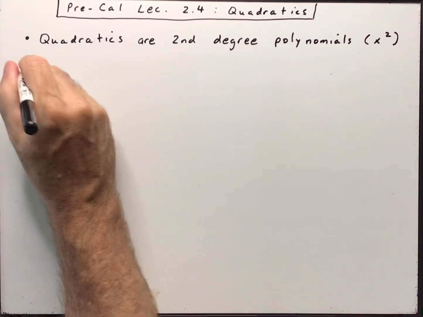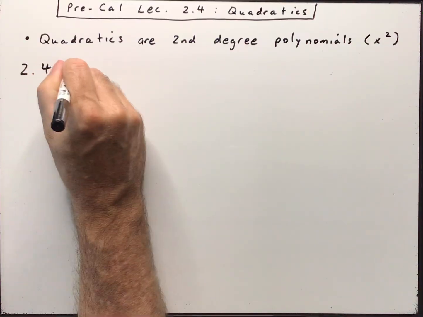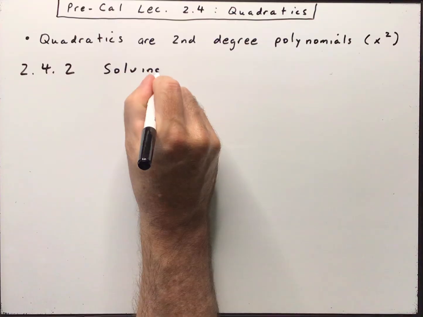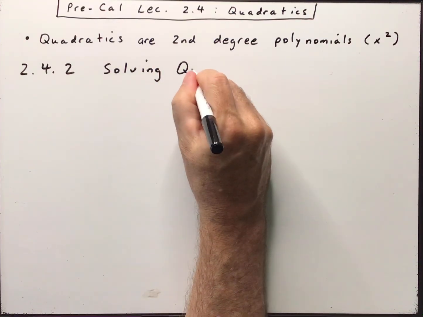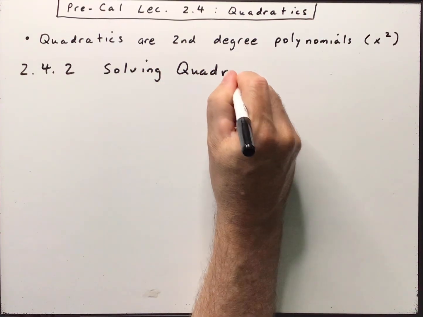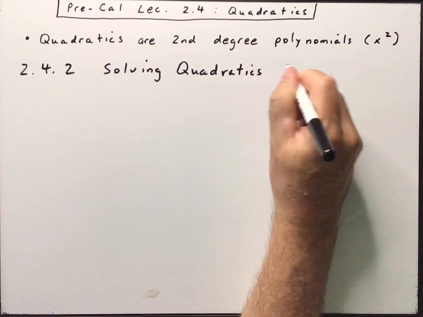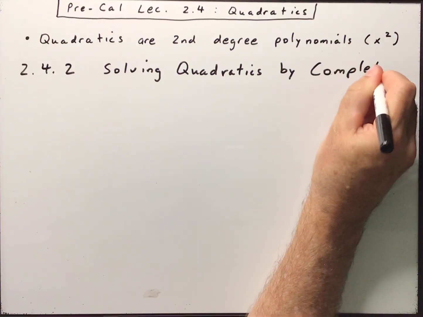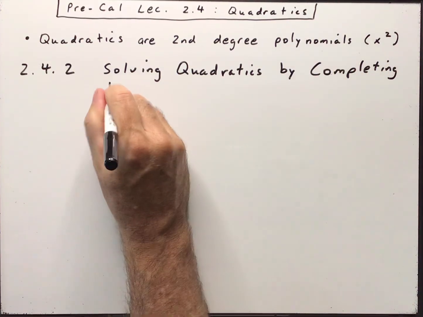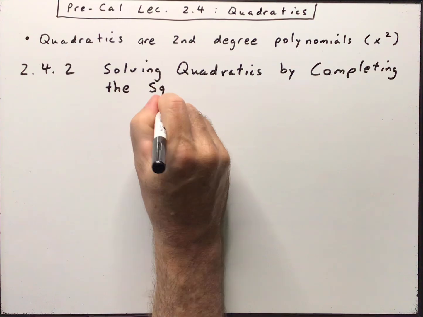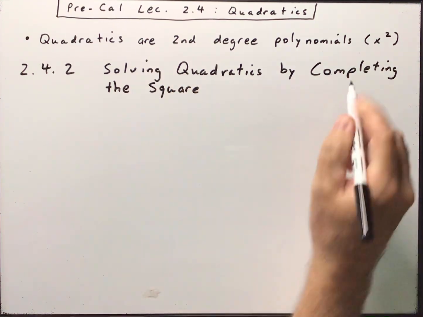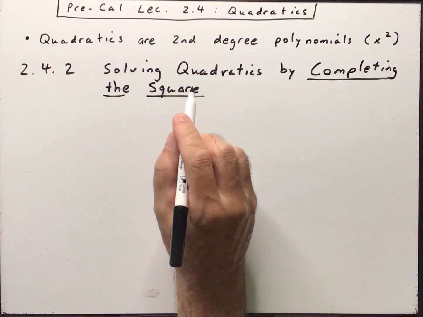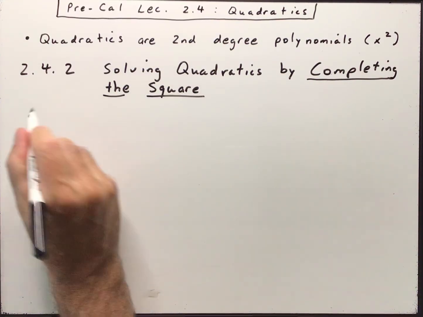All right, let's go to section 2.4.2. So this is solving quadratics, and all of this, I hope, is review from Algebra 2 or even Algebra 1, by completing the square. So this is a technique to use when you can't factor. All right. So just a little bullet here.